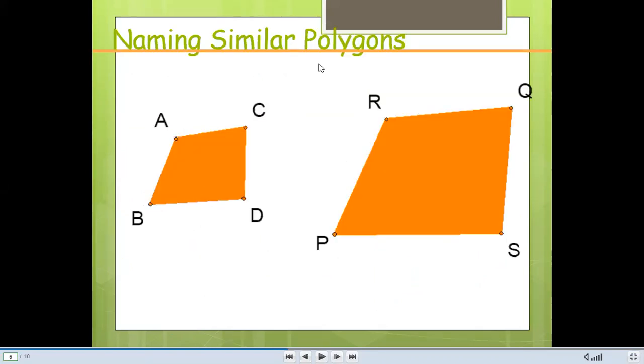Now, naming similar polygons. Tell me the name of the two similar polygons which are in front of you now. I'm looking for naming similar polygons. You have in front of you similar polygons, so please name them.